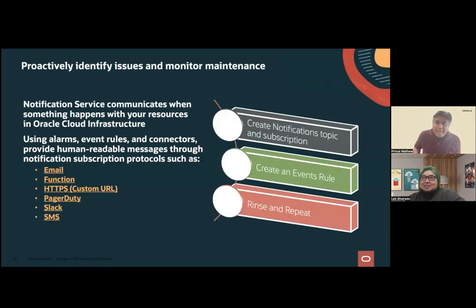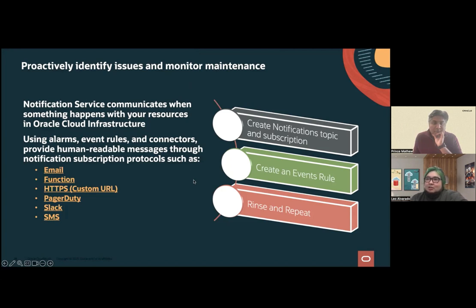Yeah, thanks, Prince. So let's go quickly over how you can configure notifications to monitor the maintenance and updates. In OCI, we have the OCI notification service, which lets you know what's happening with your resources in OCI. It enables you to create topics and publish messages to them, to a subscriber, and it gives you flexibility on the notification delivery.